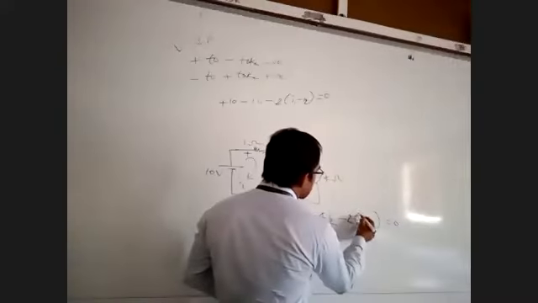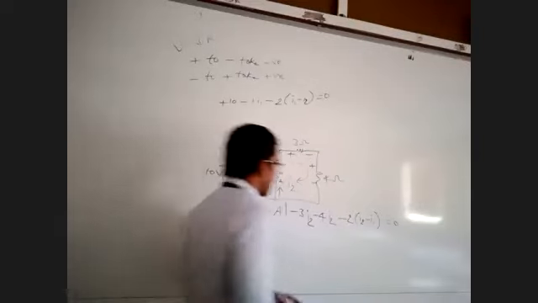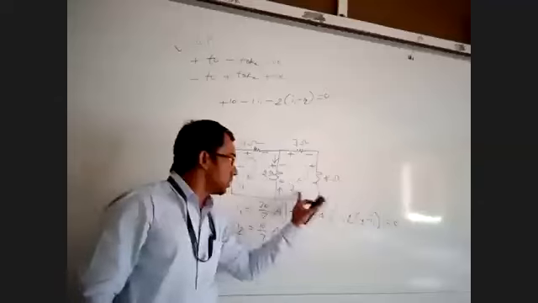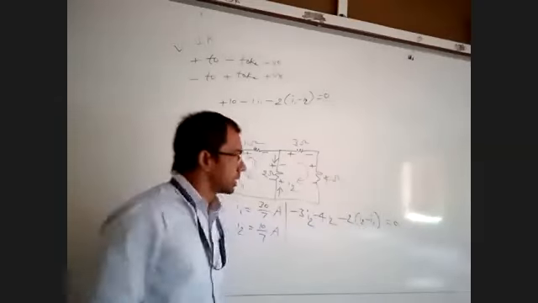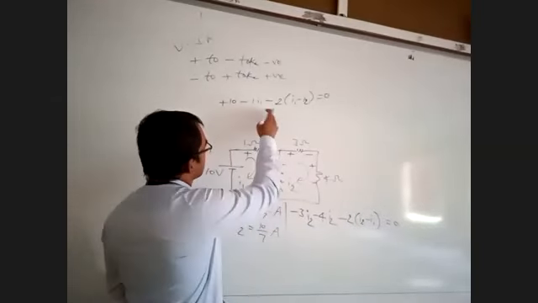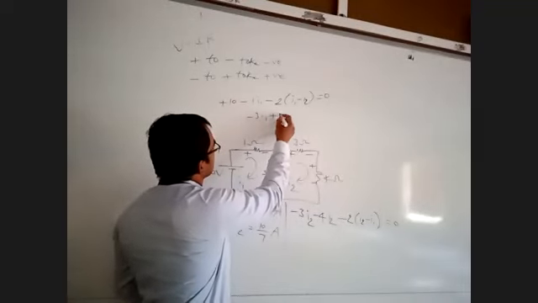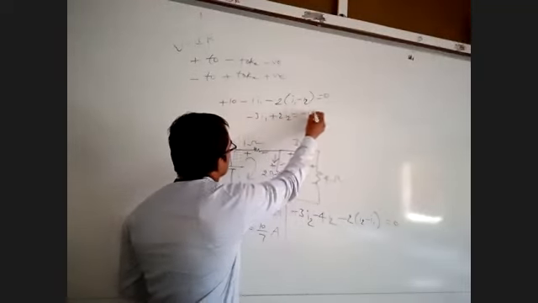I2 minus I1, because in the second loop, I2 is the reference. In the first loop, I1 is the reference, so we took I1 minus I2. If we simplify this, we get minus 3I1 plus 2I2 is equal to minus 2.